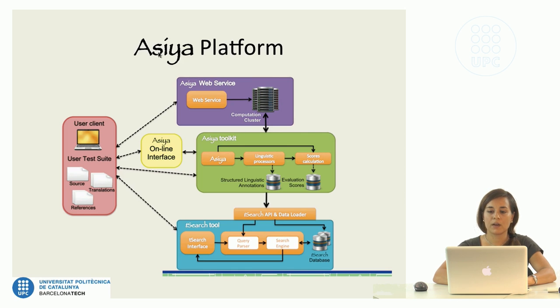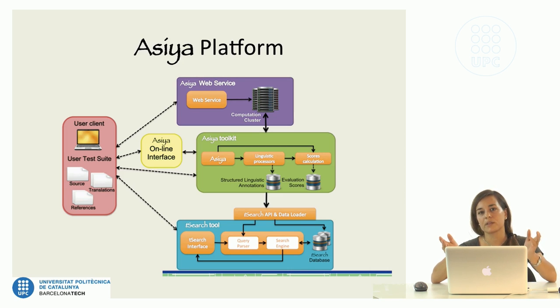On the other side, the Asiya web service is a RESTful web service that allows access to a remote instance of Asiya that is, moreover, running on a grid cluster that allows to run several instances of Asiya in a very powerful environment.